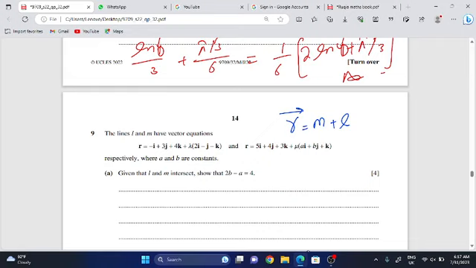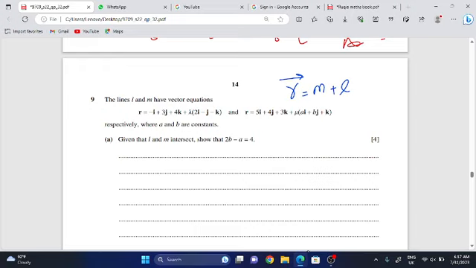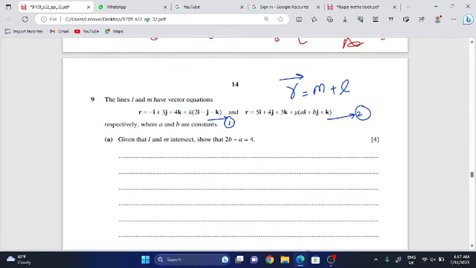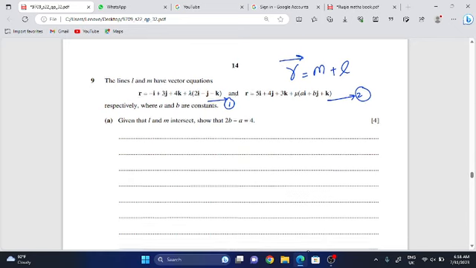L means direction and M means magnitude. The position vector is a sum of both quantities. So my first step should be defining L and M for each equation. This is equation number 1 and this is my equation number 2.